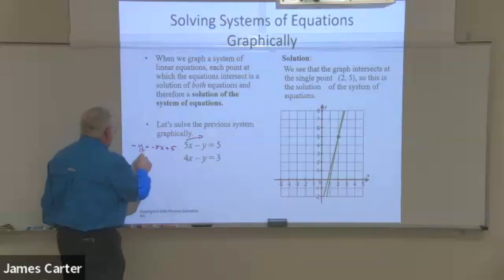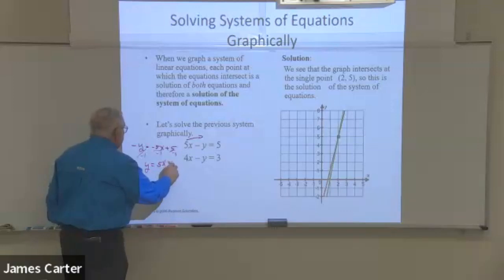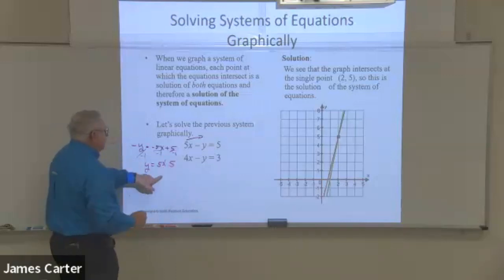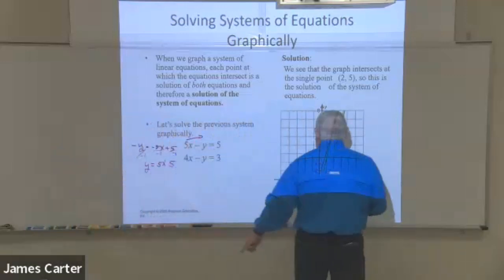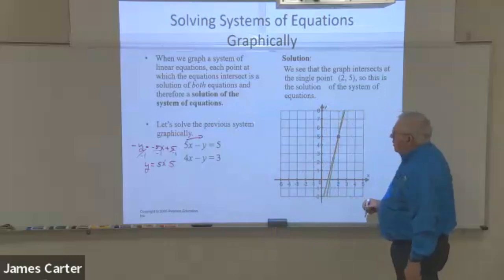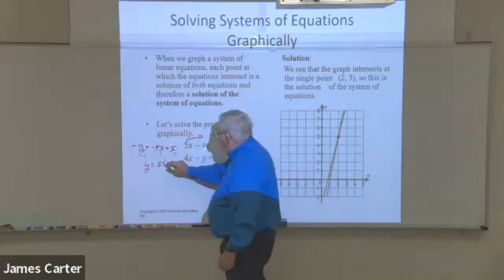Then we would divide both sides by -1, every term, and get y equals positive 5x minus 5. Okay? So that would be this equation. So if we were to graph that, that would just make that easier for us to graph. I left out the minus sign.